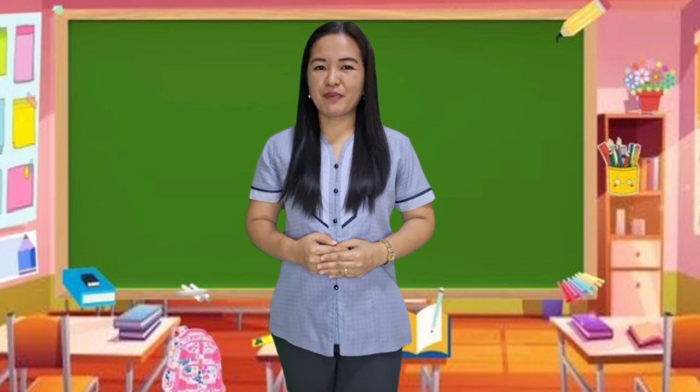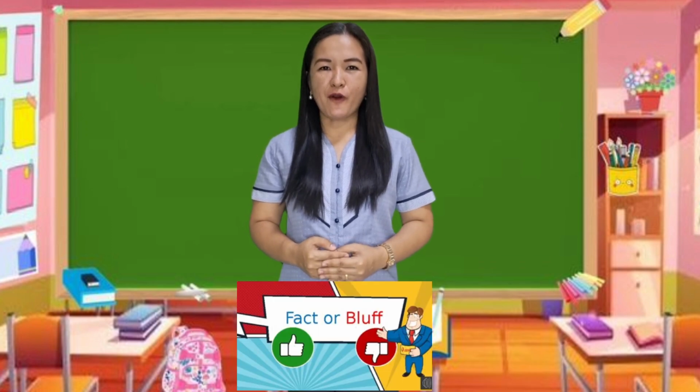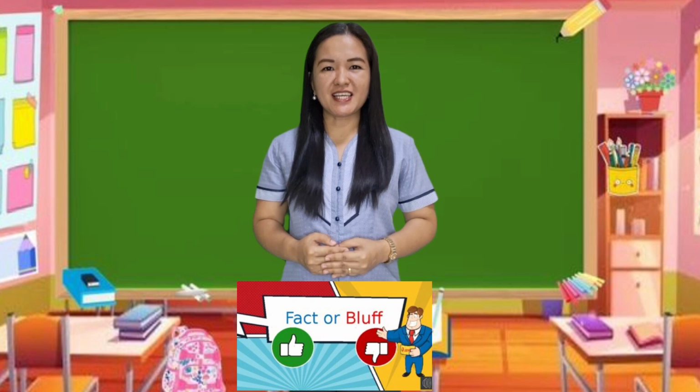Can you bring out your pen and paper and try to answer the activity, fact or bluff? If the statement is true, it is a fact. Otherwise, it is a bluff.